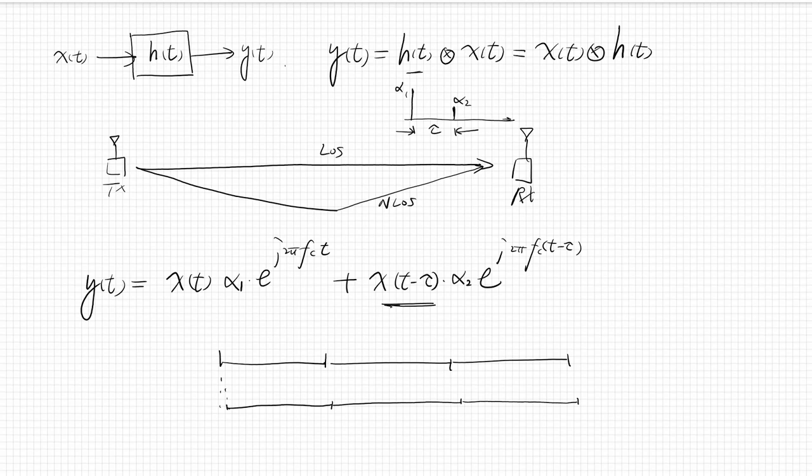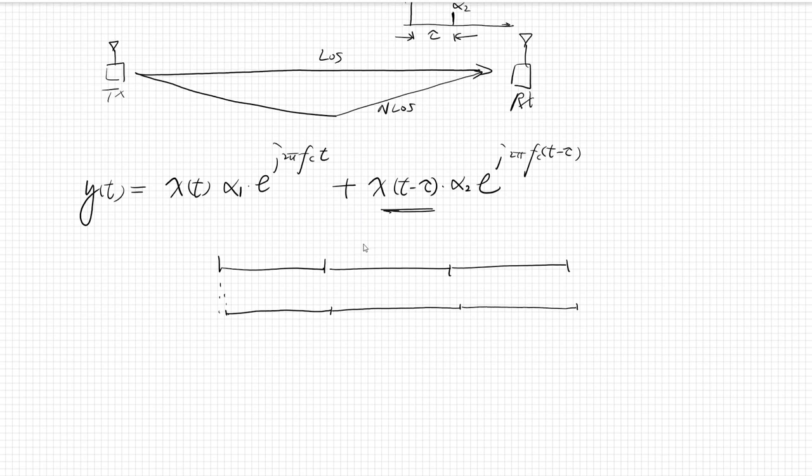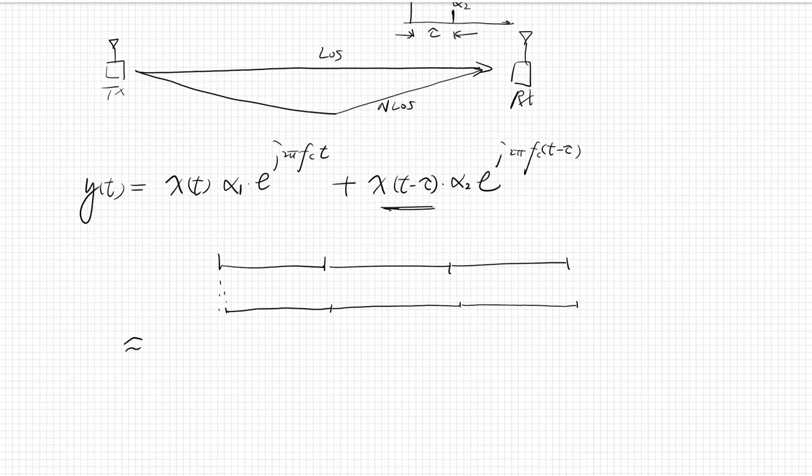And in this case, I can approximate this equation as x(t) alpha 1 e to the j 2 pi fc t plus, this is also x(t), it's a narrowband assumption so the delay does not affect too much, alpha 2 e to the j 2 pi fc (t minus tau).